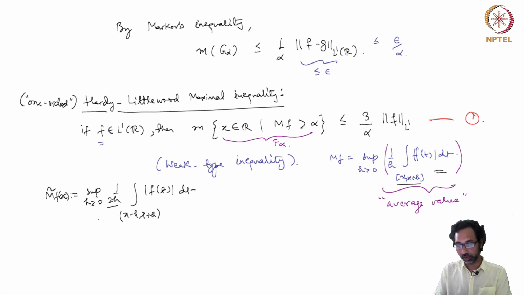So one can now deduce our result for M from our result for M tilde, because M tilde f is always greater than or equal to Mf(x): if you restrict this integral to the interval x to x plus h, then the integral will be dominated by the integral in M tilde.